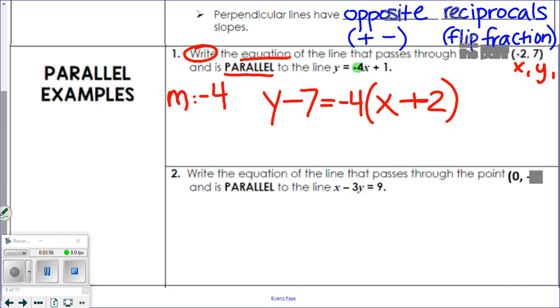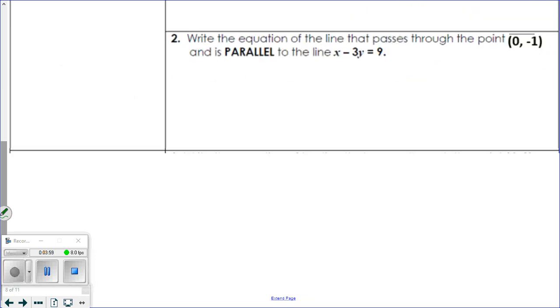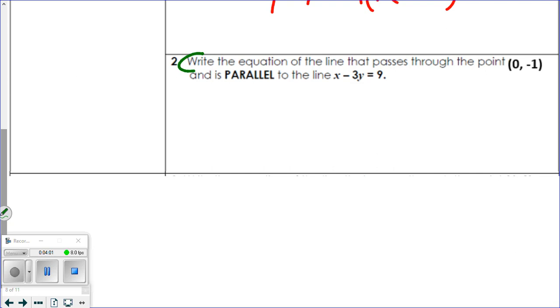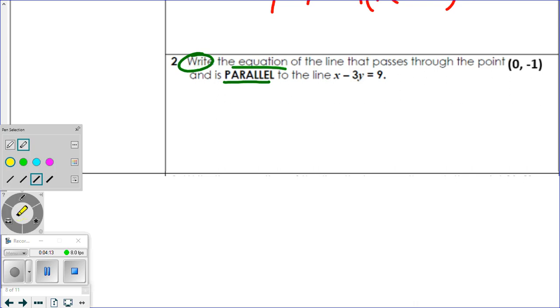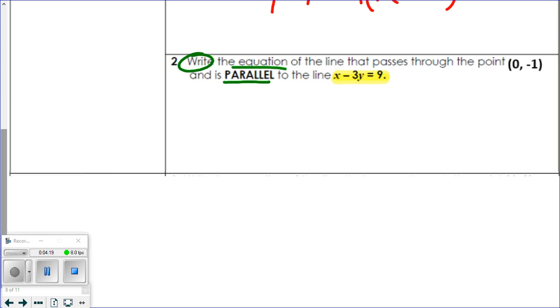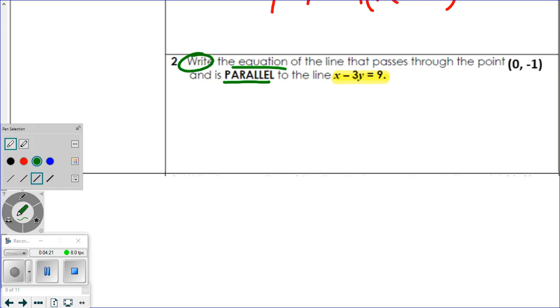Question 2. Again, it says write an equation of a line that passes through this point, 0, -1, and it's parallel to this given line. Now, first, I'm going to look at my point, and I know that this is a y-intercept, or this is my b value.